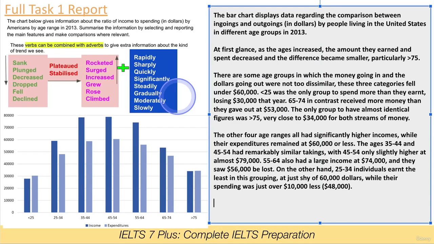The other four age ranges all had significantly higher incomes, while their expenditures remained at 60,000 or less.